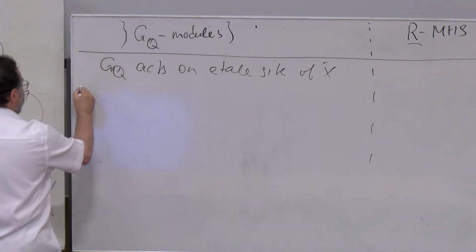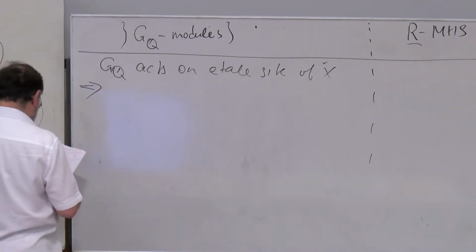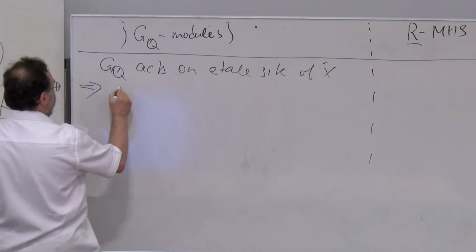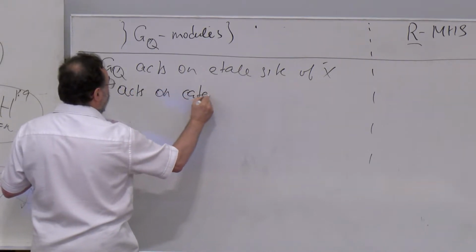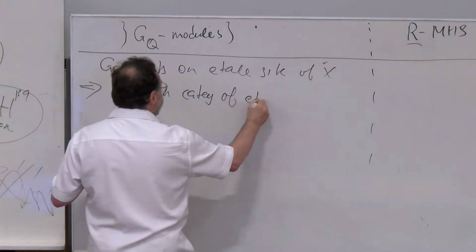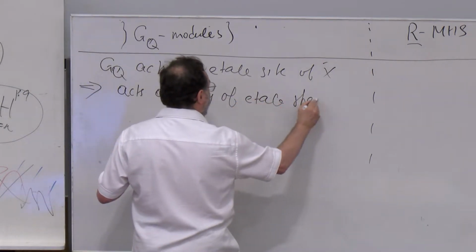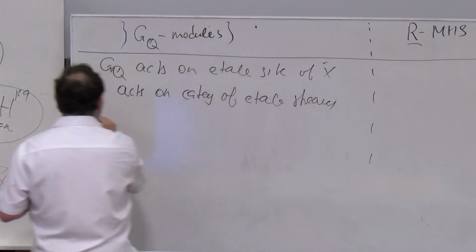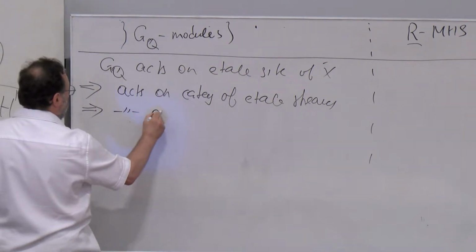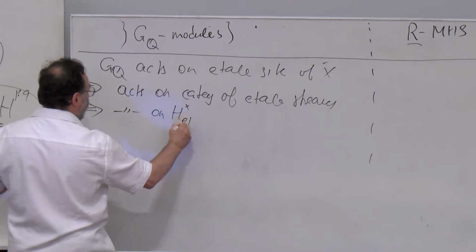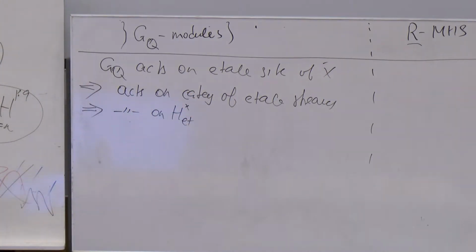And therefore it acts on the category of étale sheaves. And therefore, now you linearize, it acts on the étale cohomology, or Ext groups between the sheaves.